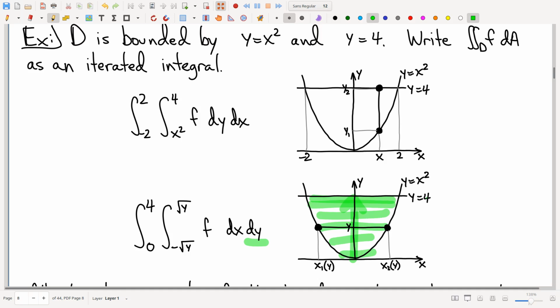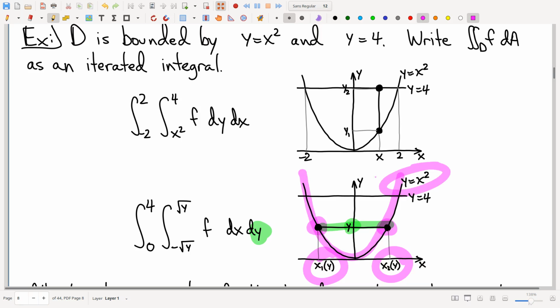Fixing a value of y, let's say here, there's that y slice, looking for our inner bounds coming from these 2 points, giving these 2 bounds. Notice again, those points are on that curve, and on that curve, need to solve for x.